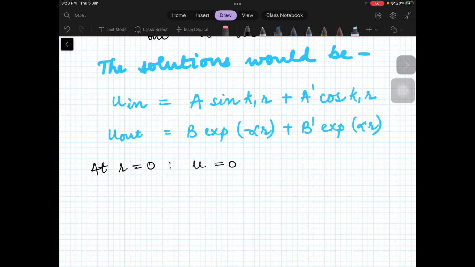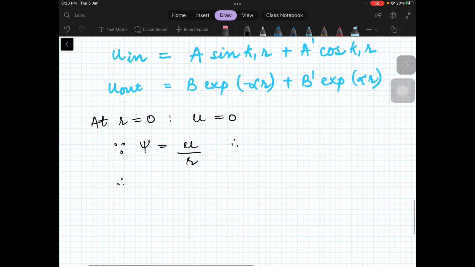This will stand true only for the case where r is less than b. We cannot use it for r greater than b, since psi is equal to u over r. Therefore we can write u as psi dot r. So if r tends to 0, then u will also tend to 0.